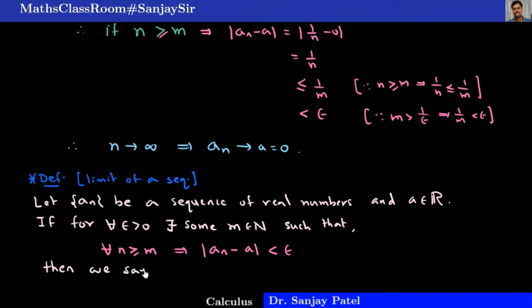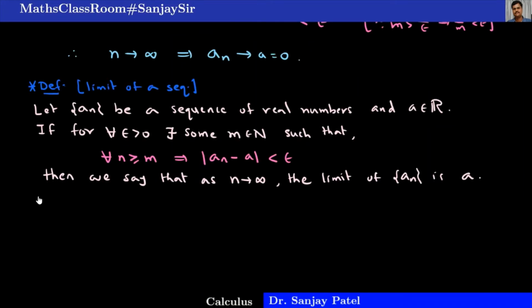Then we say that as n goes to infinity, which we write in this way, n tends to infinity, the limit of the sequence an is the number a. And this we write symbolically.